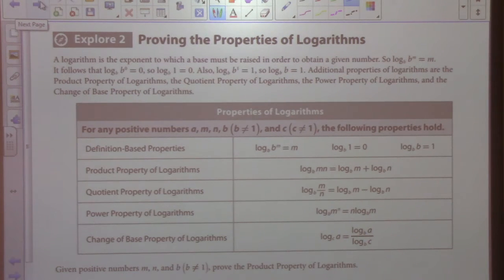We're going to be doing some exercises with the properties of logarithms, and Steve-O a minute ago asked a very good question: what is a logarithm? So I'm going to write an equation.